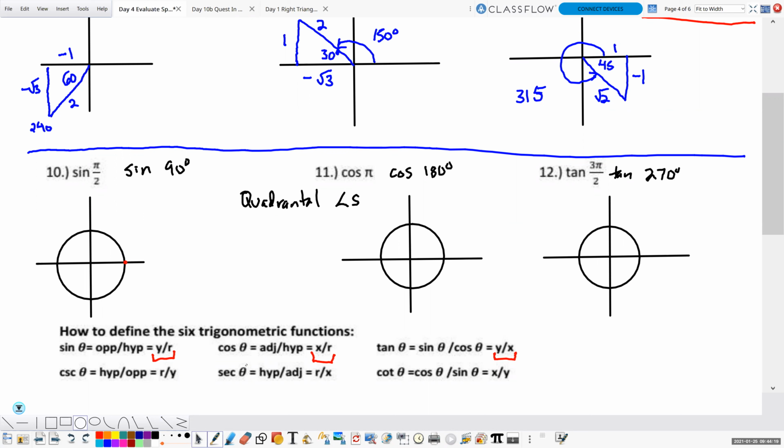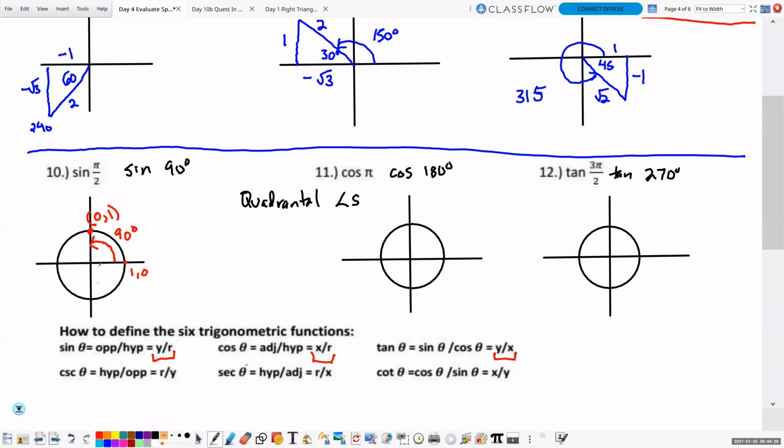This is 1. So here's 90 degrees. Right here at 90 degrees, this point is 0, 1.